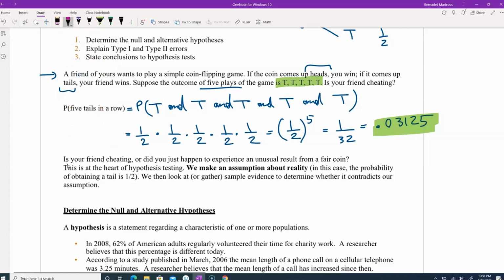Okay, so this is what we have. Now I want to interpret what that means. The probability is only about 3 out of 100, because that is about 3%.